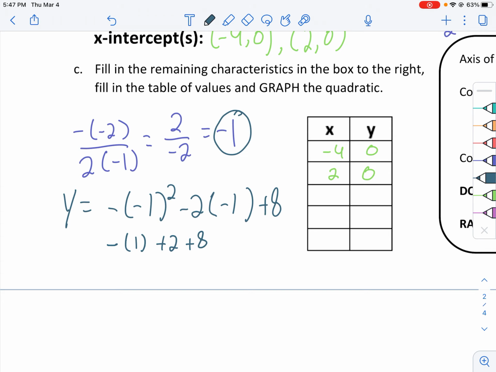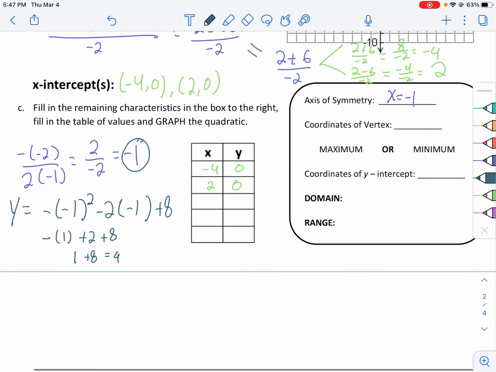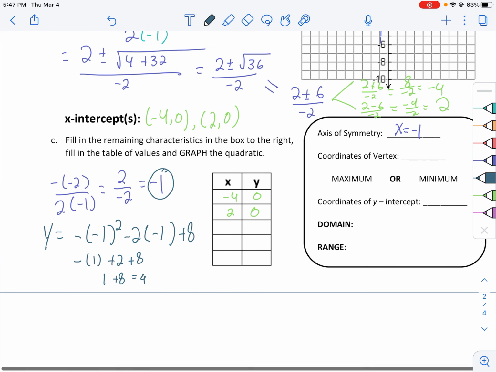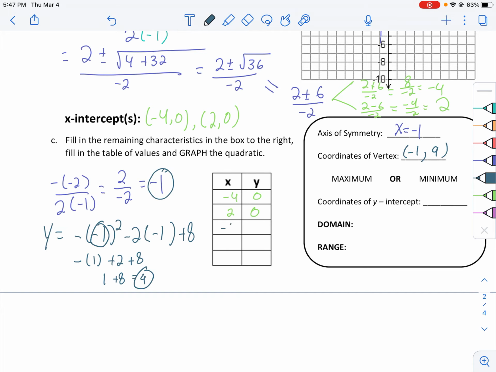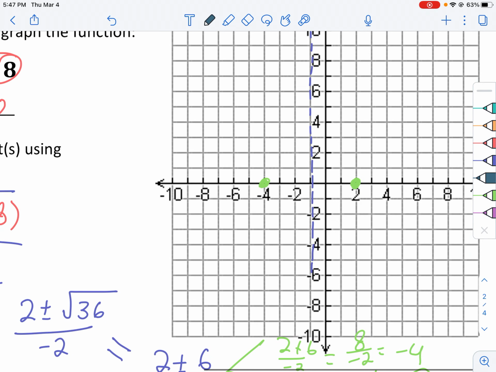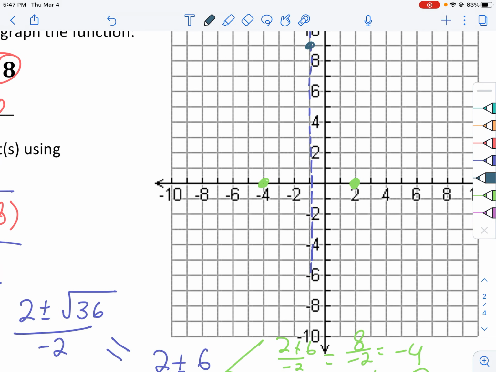Negative 1 plus 2 makes positive 1 plus 8, so then we get 9. This is a y value, this is an x value, so we say negative 1 comma 9. And then we can put that into our table, negative 1 comma 9. We can also plot it, right? Negative 1 up 9 would be right here at this point.